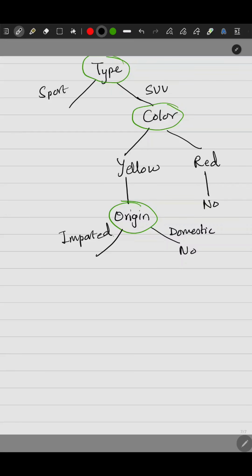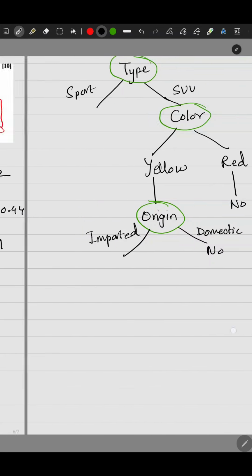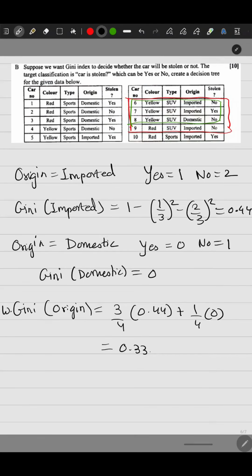For imported, there is no majority in this particular numerical, because car 6 is yellow SUV imported and it has yes, and car 7 is yellow SUV imported but it is no. So same attributes but different class labels are there. Perfect separation is impossible here.